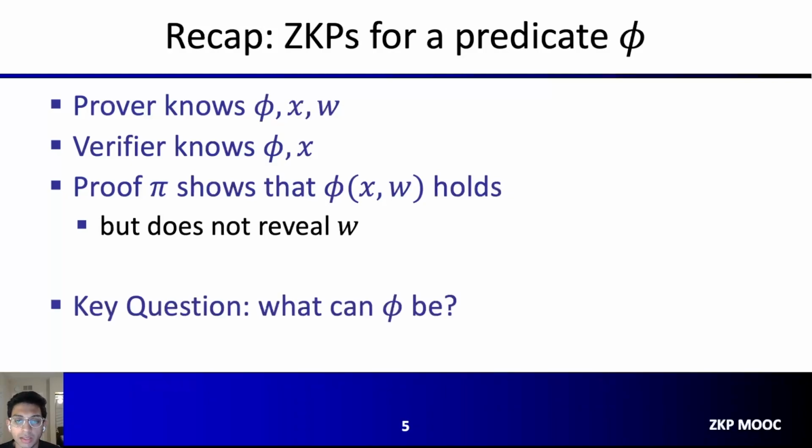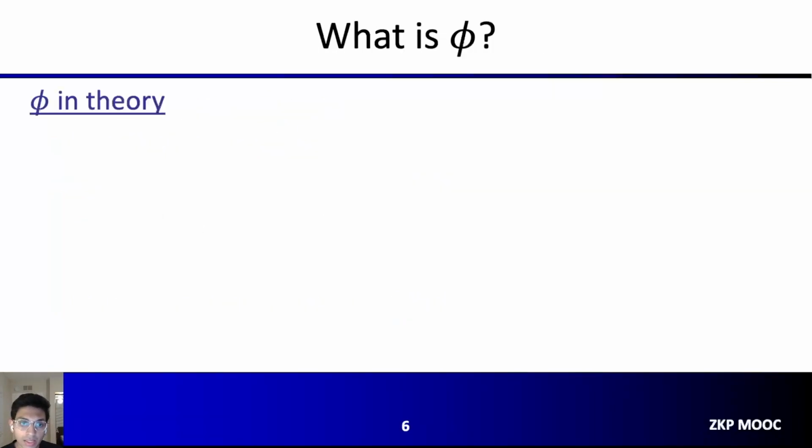Okay, so this is nice in theory, but if we want to implement something, we have to know what phi can actually express, right? What kind of computations can be captured by this predicate phi. The nice thing is that in theory, for many popular zero-knowledge proof systems, phi can be any NP statement, right?